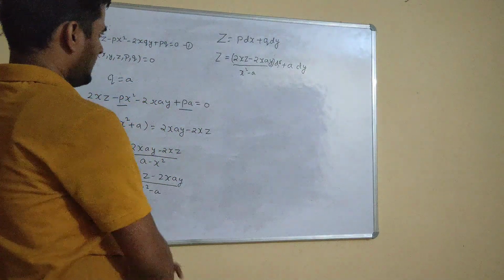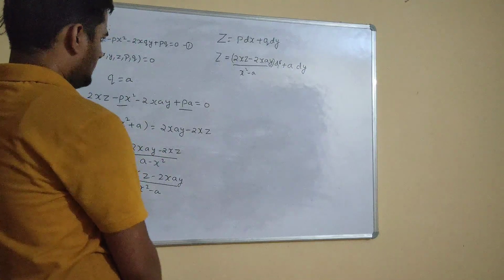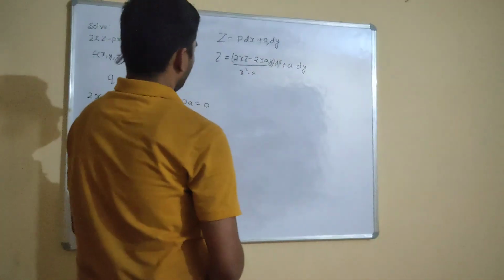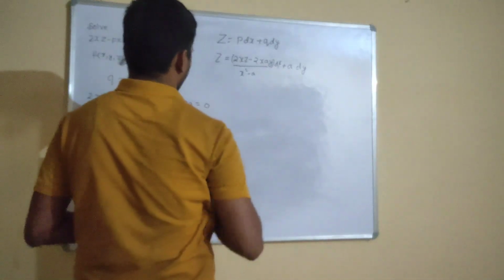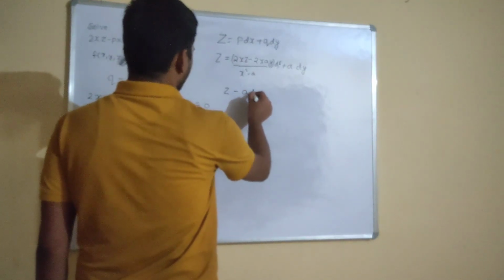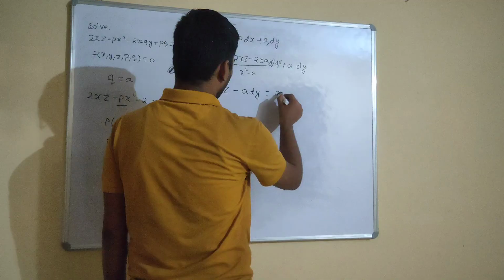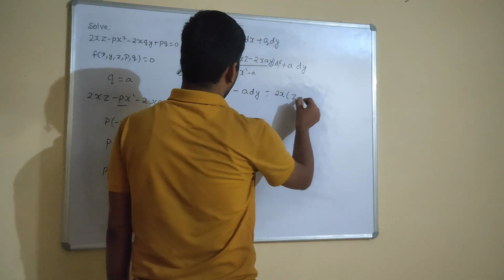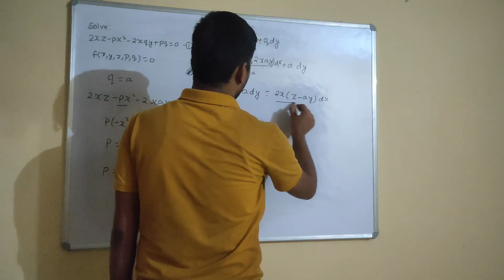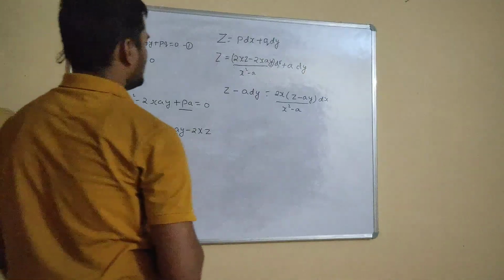Now what we can do now, if I take this term to the LHS, I am getting z minus a dy equals to, if I take 2x common, I get z minus ay dx divided by x square minus a. Fine.